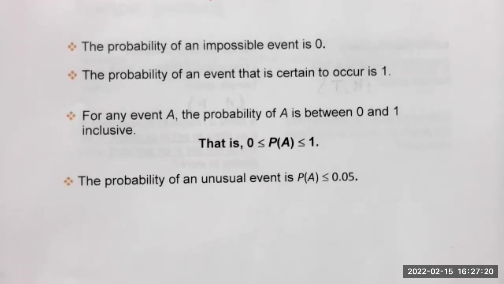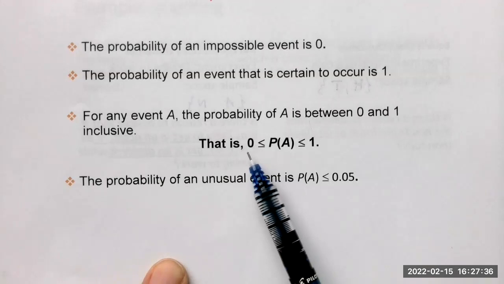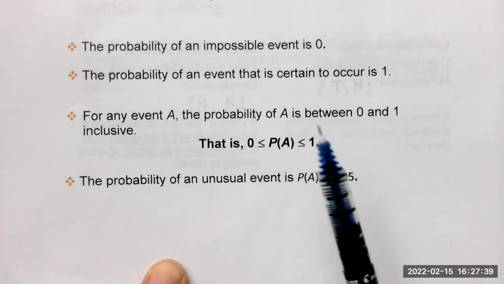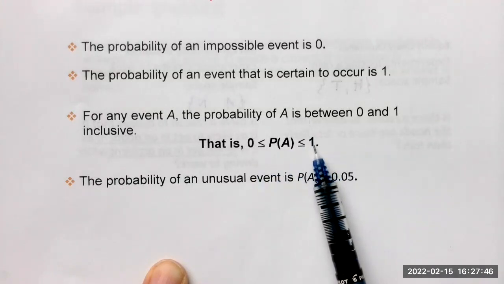So the topic of this video is calculating probabilities of events. And I would like to start with reminding you some facts. For example, the probability value is the value between 0 and 1, where 0 is a probability of an impossible event, and 1 is the probability of an event that is certain to occur.